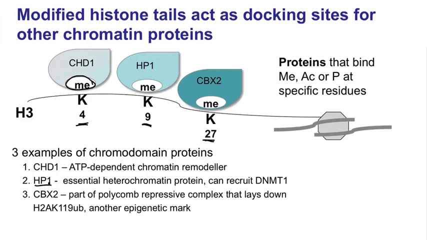CBX2, on the other hand, is part of another polycomb repressive complex, PRC1 rather than PRC2, and it has its own enzymatic activity, which will lay down another epigenetic mark, histone H2A lysine 119 ubiquitination, shown here as Ub. And so you can see that the different chromodomains, although they all have the same domain to recognise a methylated lysine, recognise them in different contexts and have different functional outcomes.